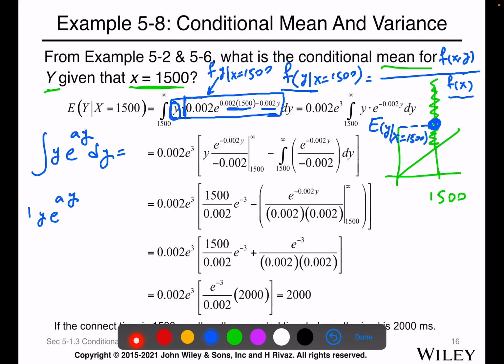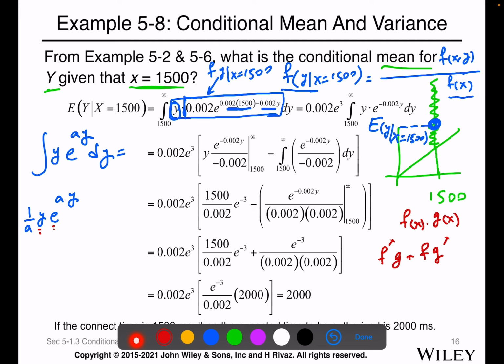The first term that I need is this term, because the derivative of this is going to be the derivative of this times this plus this times the derivative of that. If I have f of x times g of x, the derivative is f prime g plus f g prime, right?